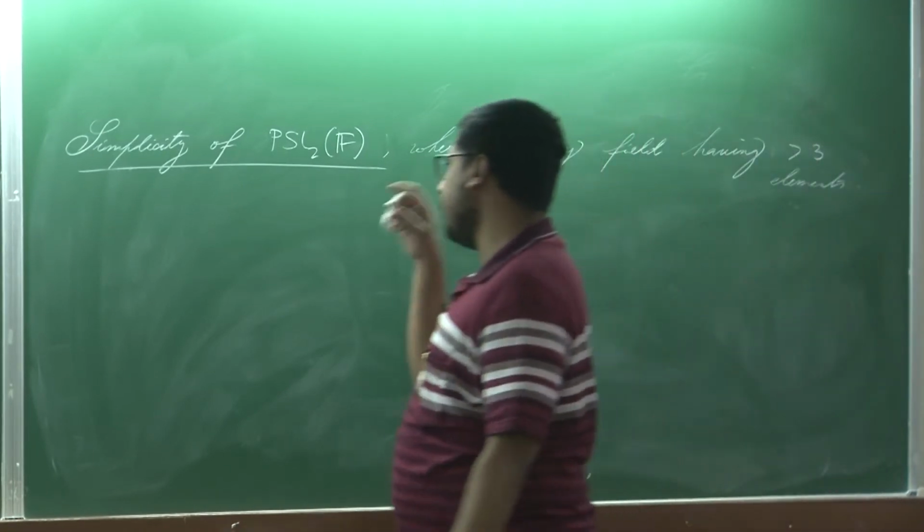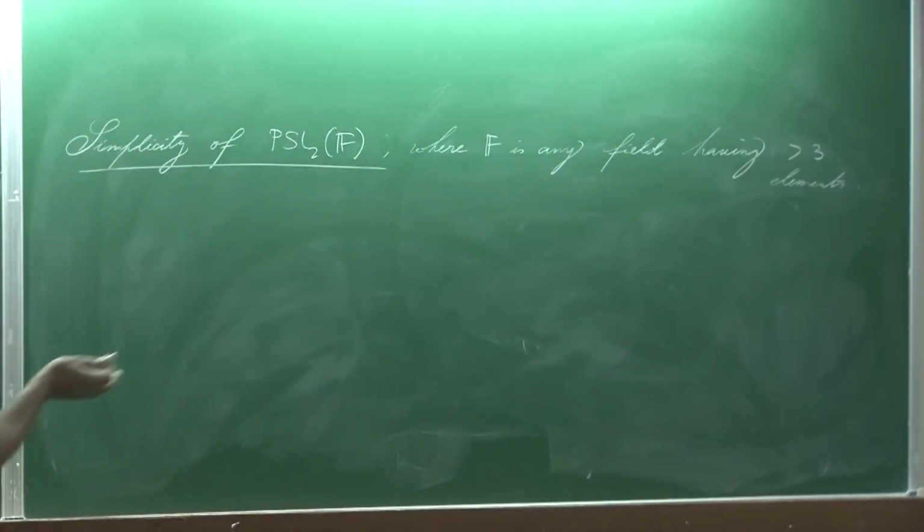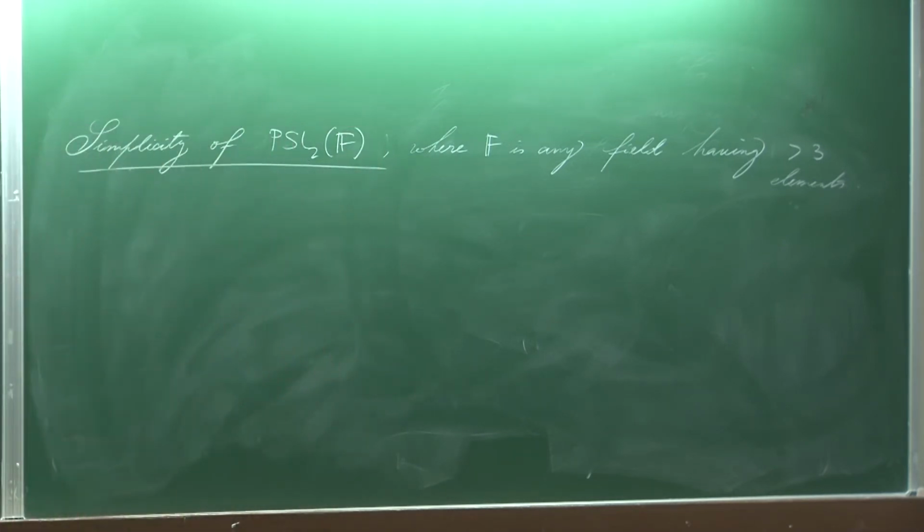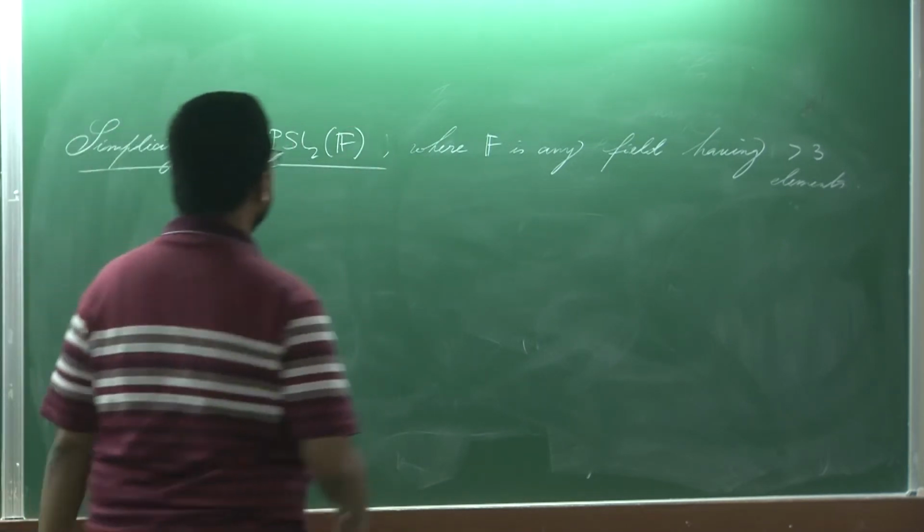Or to be on the safe side, if you are not familiar with fields having finitely many elements, you can simply take F to be Q, R or C, okay.